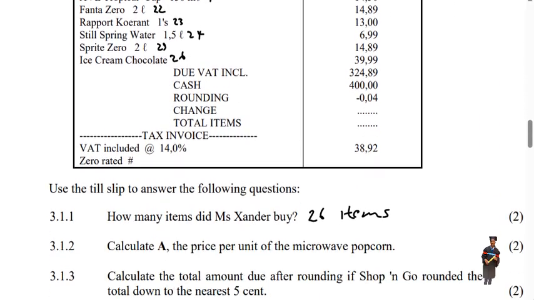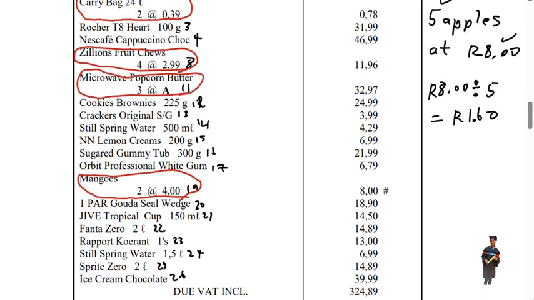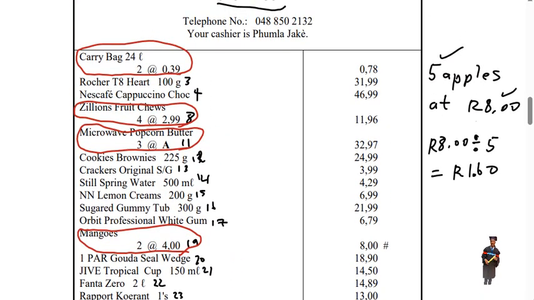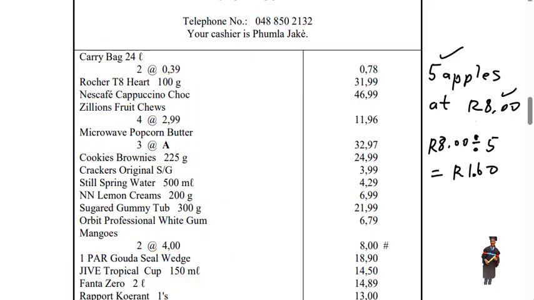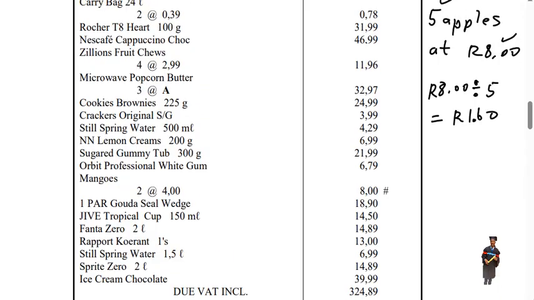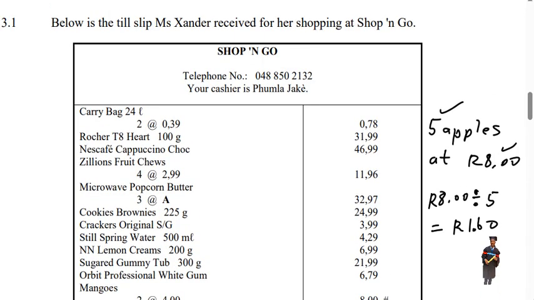So now let's see. They are saying calculate A, the price per unit of the microwave popcorn. Let's identify the microwave popcorn. Okay, I'm going to clean up my till slip because now it is messy. Okay, now it's clean. Let's continue. We are looking for the microwave popcorn. Where is it? Here is the microwave popcorn.